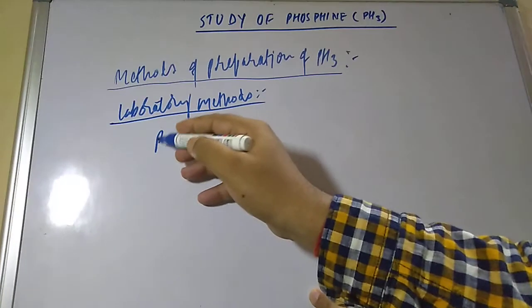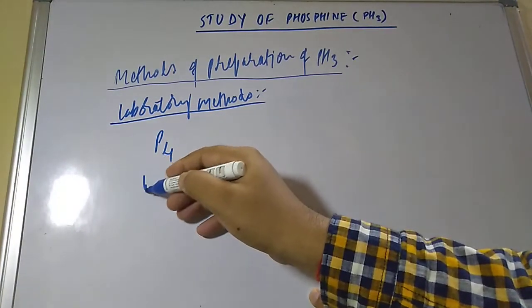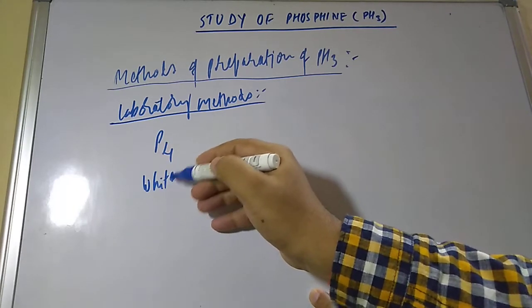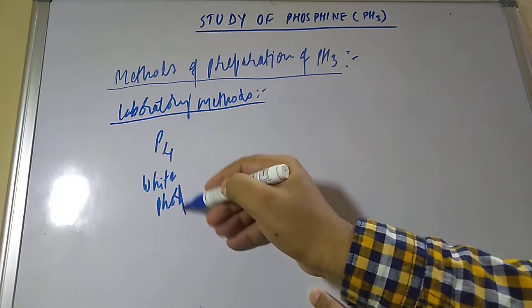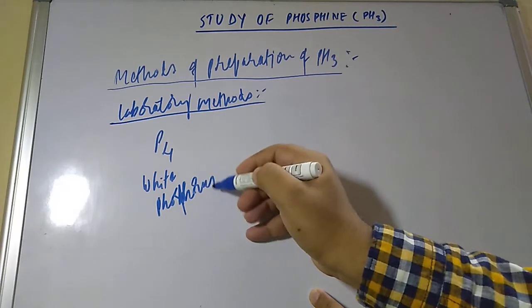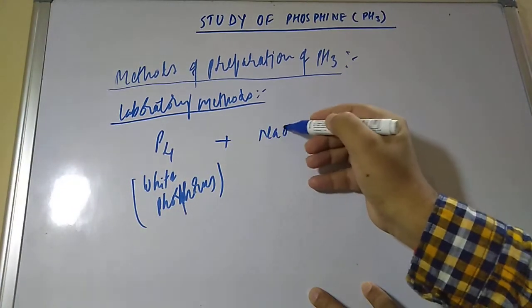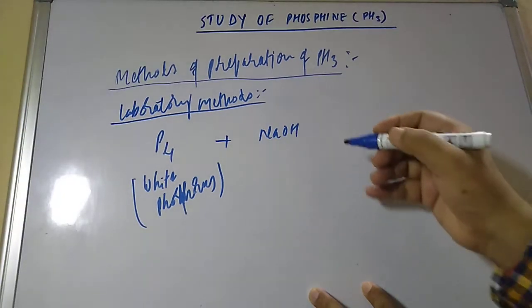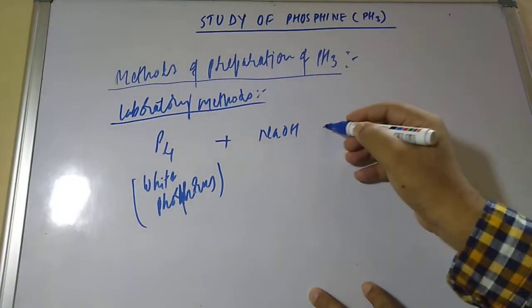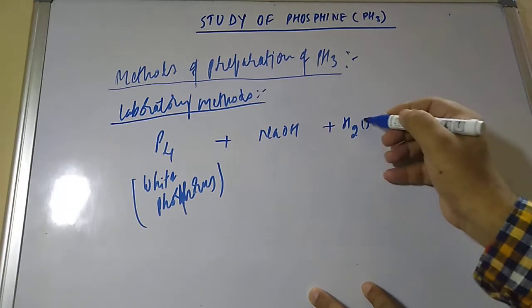In the laboratory method, P4 is known as white phosphorus. White phosphorus reacts with sodium hydroxide, along with water molecules.